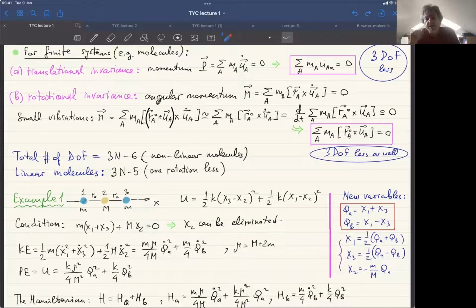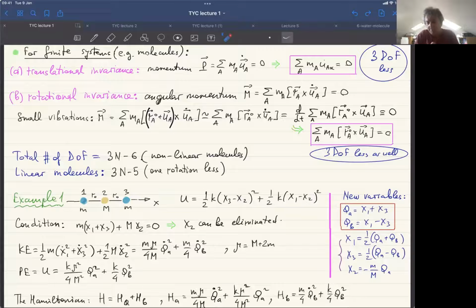What does it mean? It means that if you have a system which contains n atoms, we have 3n degrees of freedom, right? But because of the translational and rotational invariance, we actually have 6 degrees of freedom to be eliminated, because they correspond to translation of the whole system or rotation of the whole system.